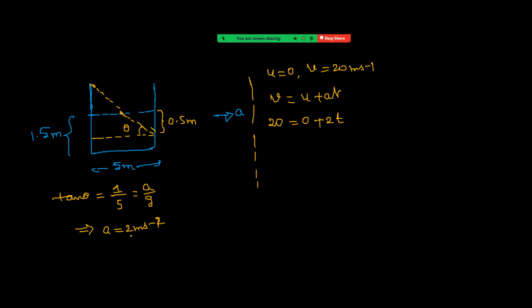Remember, this is maximum because if it crosses 2, it spills. When A is maximum, t will be minimum, that means shortest time. That is not 20 by 2, it is 10 seconds. Right. Let us see the next problem.